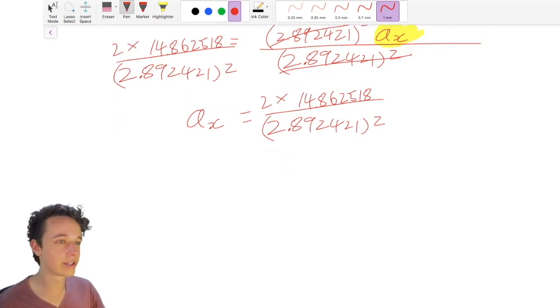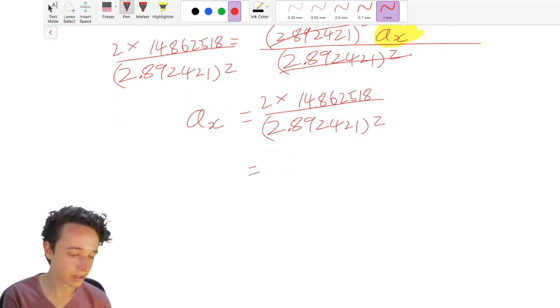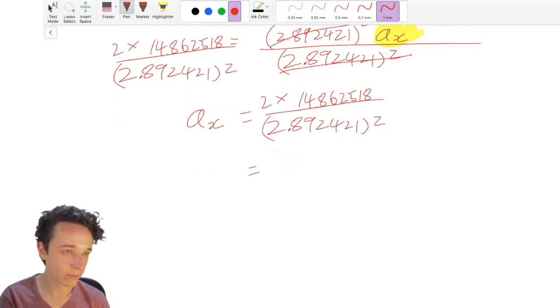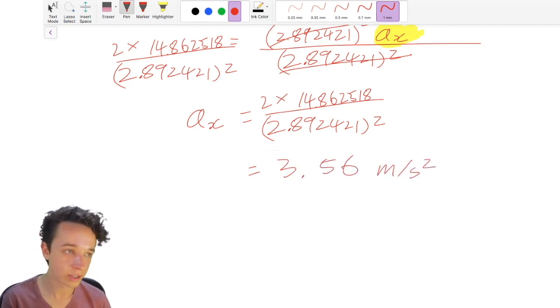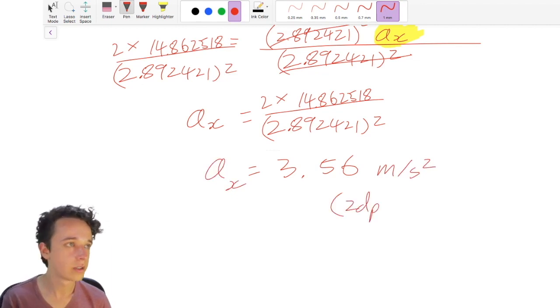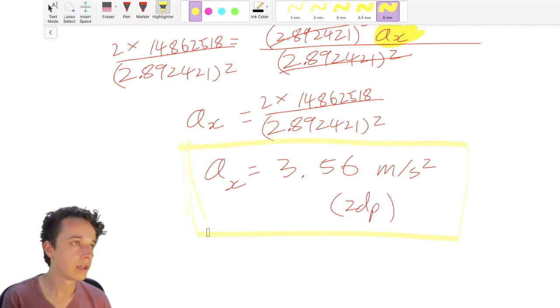We're almost to our answer. So if we put this into the calculator, we get 2 multiplied by 14.862518 divided by 2.892421 squared, which leaves us with 3.56 meters per second squared because it's an acceleration, and that's written to 2 decimal places. Right, so this is our final answer for the acceleration.